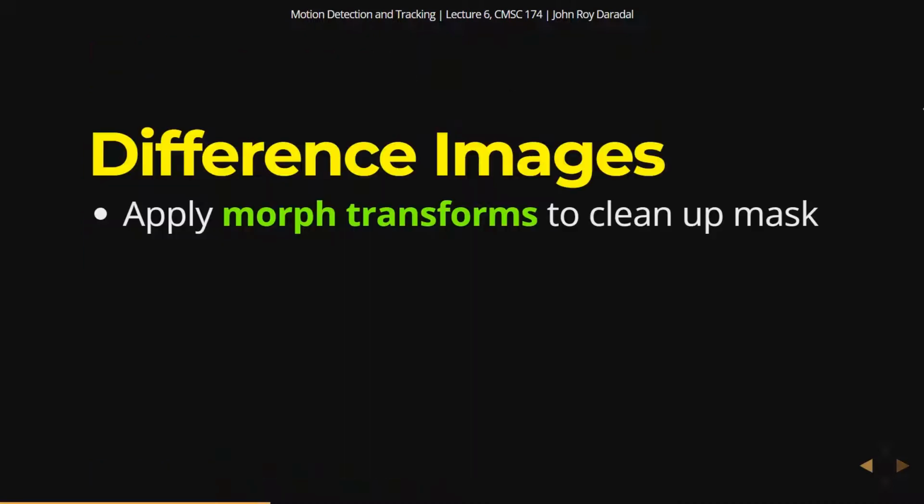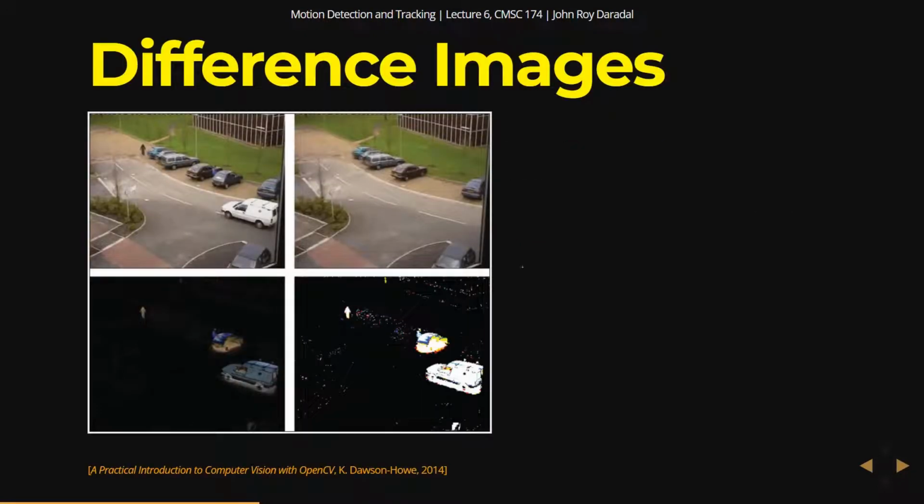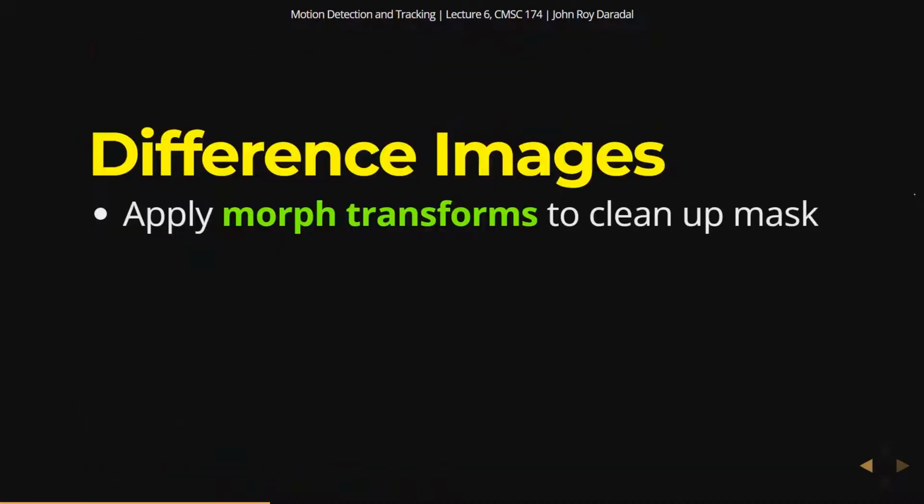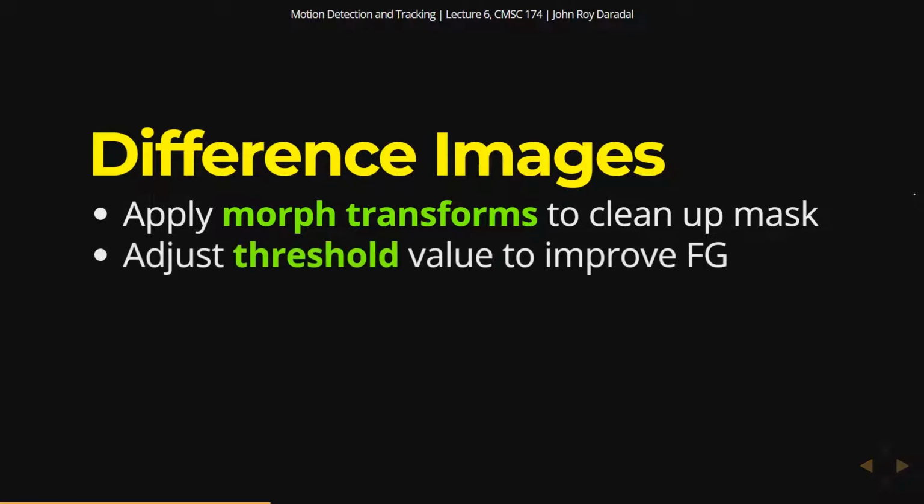Okay, so you can also apply morphological transforms to clean up the mask, because as you can see here, there's a lot of noise, right? Small dots right here. So you can apply morphological transforms like erode, dilate, and so on. Morph open, morph close. You can also adjust the threshold to improve the foreground.